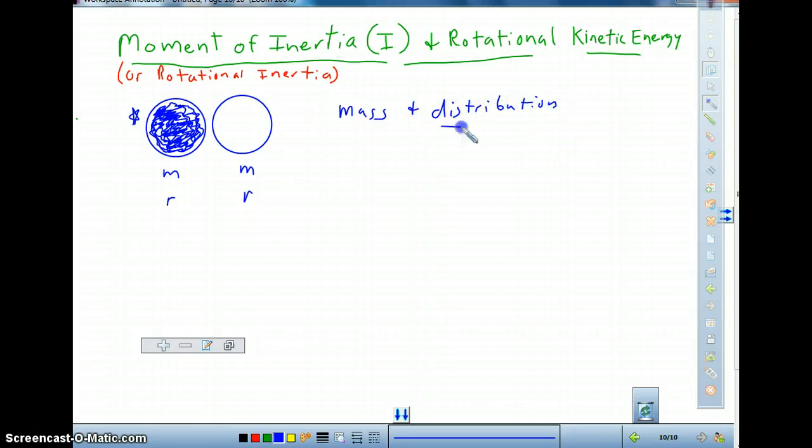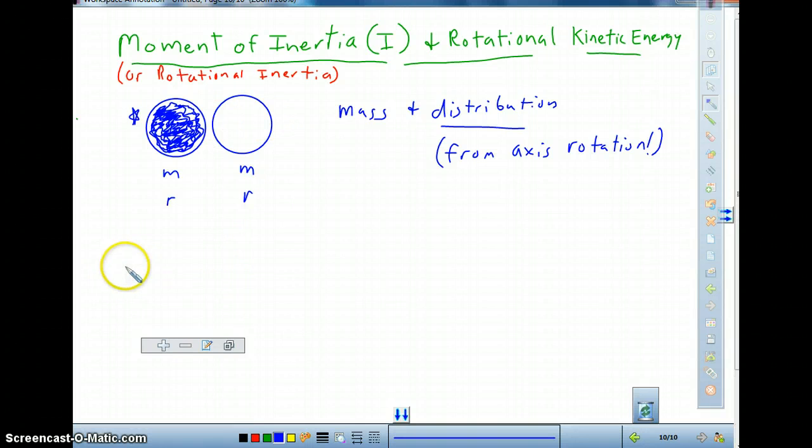And when we say distribution, we really mean distribution from the axis of rotation. So that's what we're focusing on. That makes things easier or harder to rotate on the axis of rotation. Now obviously with these two disks being like wheels rolling down a hill, the axis of rotation is in their direct center.